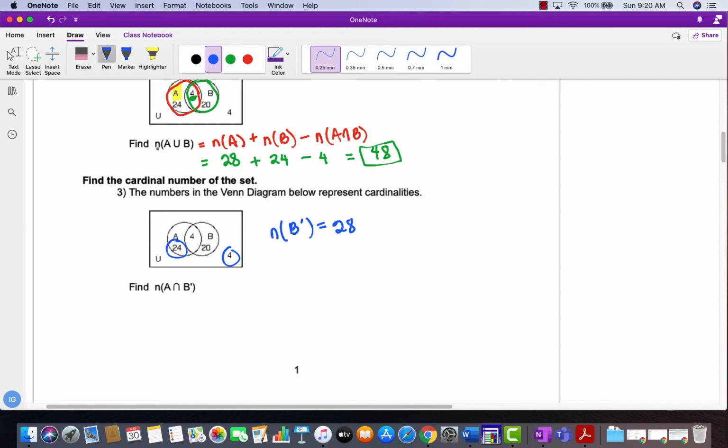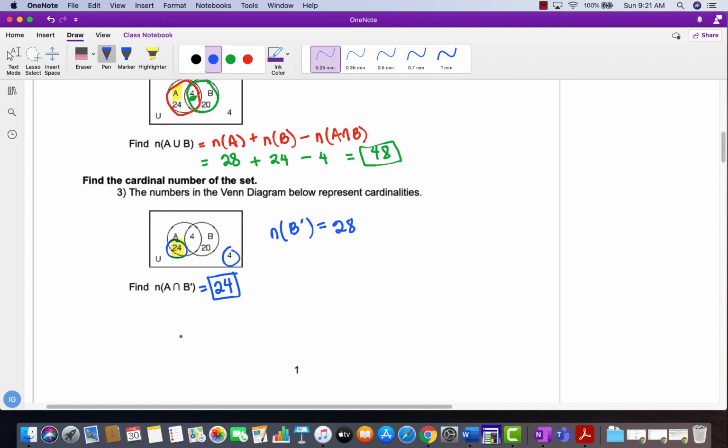So the one that is both will be 24. So in this case, this is equal to 24. Because it's the intersection of B complement and A. So the intersection of both will be just 24. Alrighty.